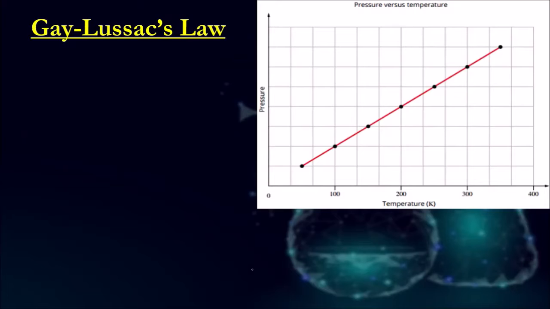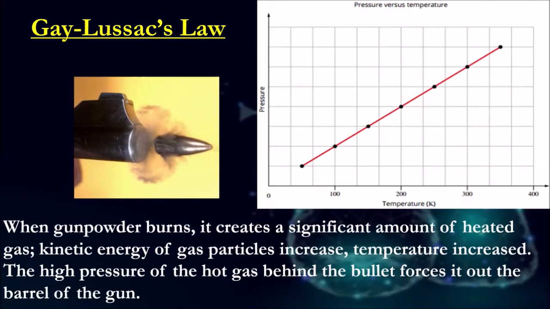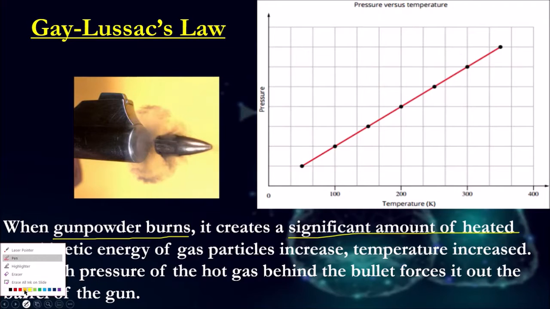If we want to look at a general application of Gay-Lussac's law, then you'd be looking at the application of firing a gun. Now remember, when gunpowder burns in the gun, you generate a significant amount of heat. That heat energy from the burning of gunpowder excites the gas particles in the gun.